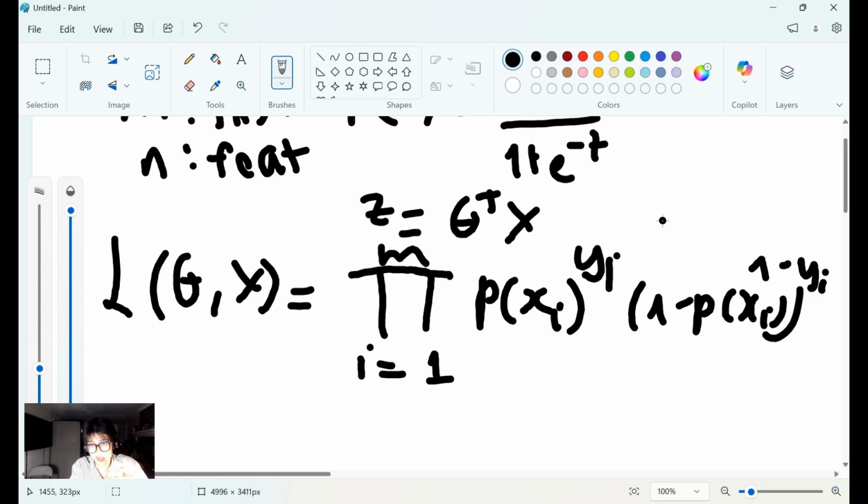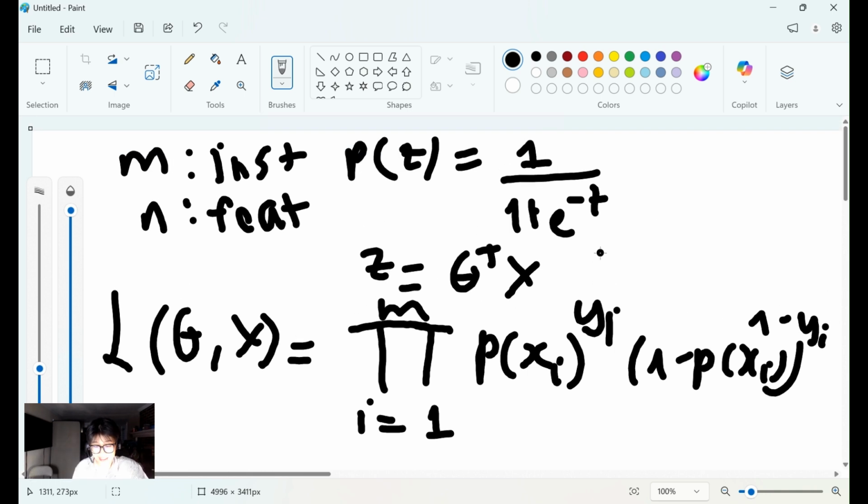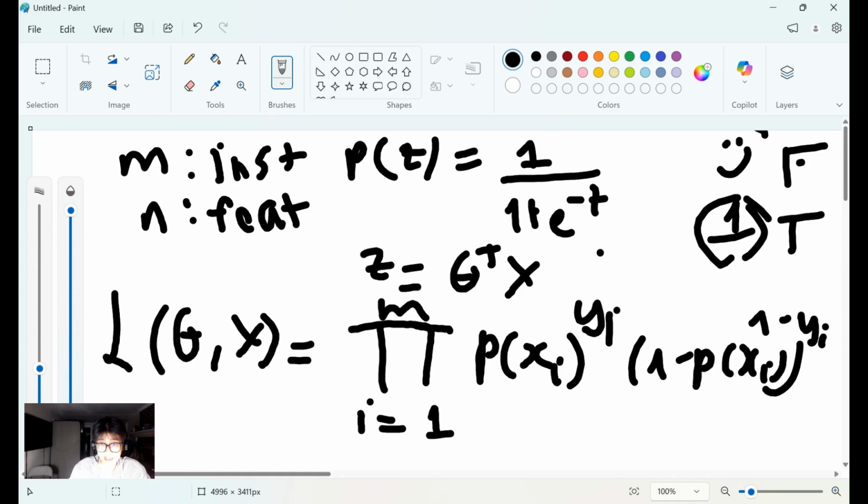So this is beautiful because, for example, we are doing binary classification, which means it's either 0 or 1, right? 1 is true, 0 is false. So 1 means a student is a good student, 0 means a bad student, for example. Let's say you're extremely sure that that student is a good student, and the data tells you that's true.